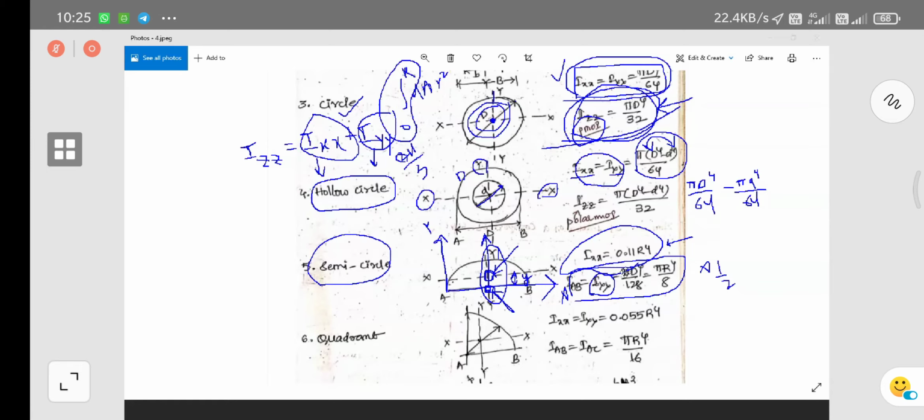Half of this total, entire moment of inertia. So you will get pi d power 4 by 128 as your moment of inertia for this semicircle. So see this one, the semicircular moment of inertia.